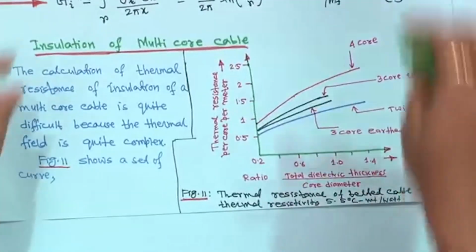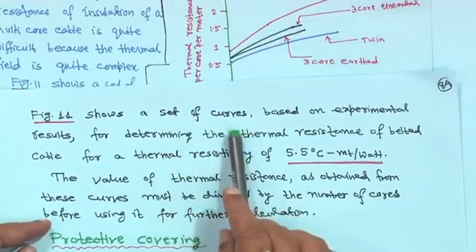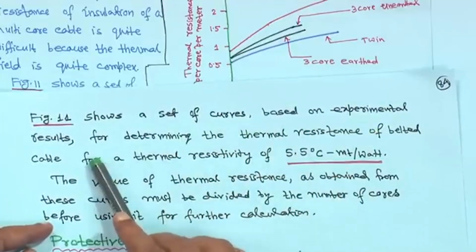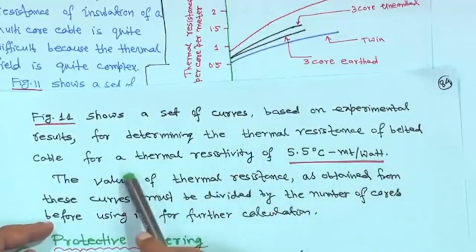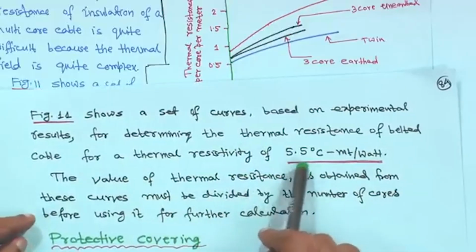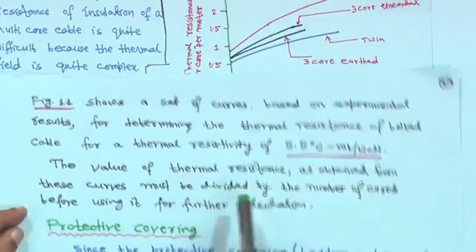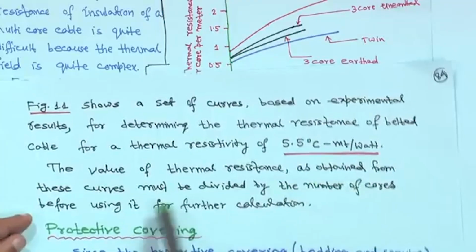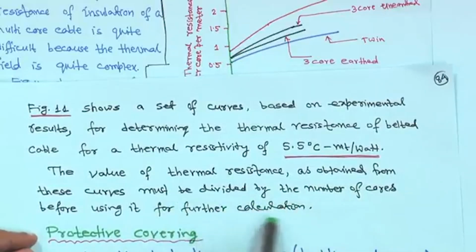So, this is your figure 11. Just now I have written that it shows a set of curves based on experimental results for determining the thermal resistance of belted cable for a thermal resistivity of 5.5 degree centigrade meter per watt. The value of the thermal resistance obtained from this curve must be divided by the number of cores before using it for further calculation.